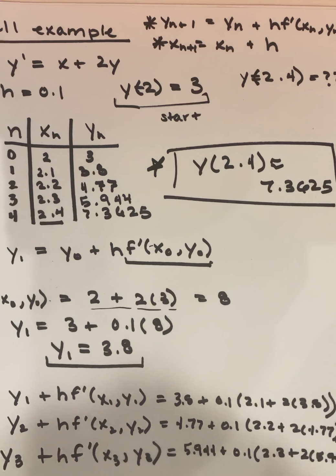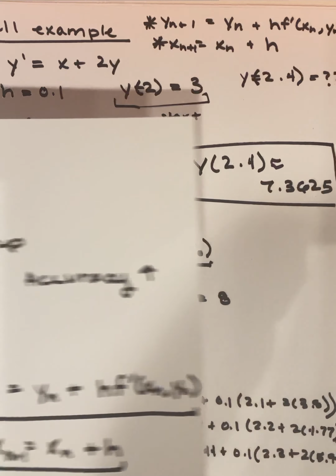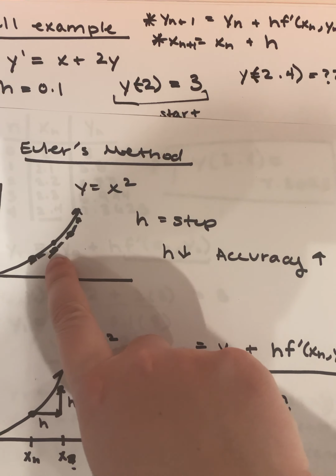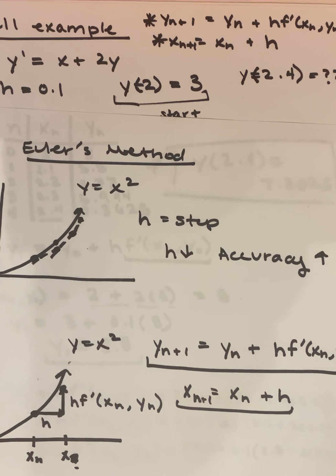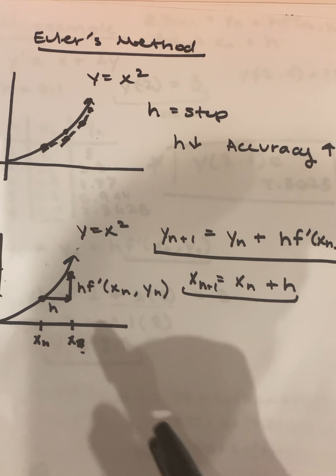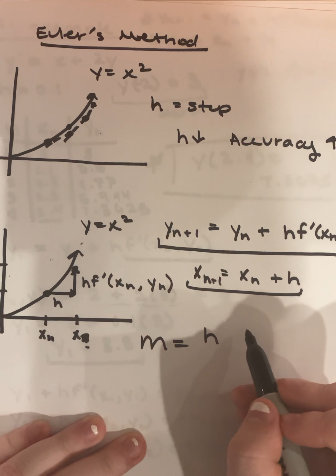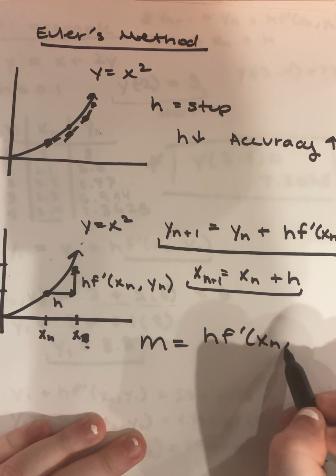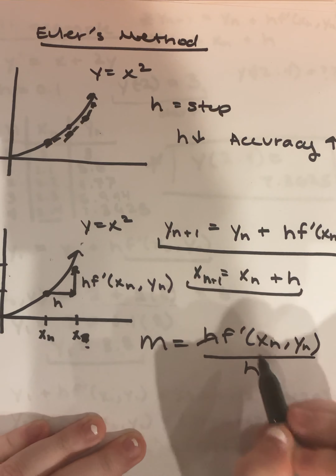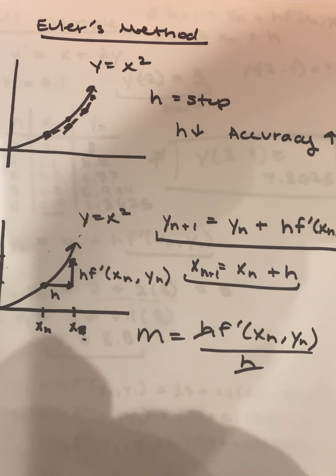So, to recap, Euler's method is the tangent line approximation with course correction, which takes the step and then reapplies the tangent, and then takes the step, reapplies the tangent, and so on. And just as a reminder, your slope is going to be rise over run, and your slope will just end up being the derivative with those two inputs.